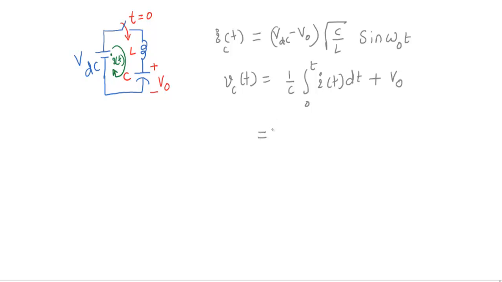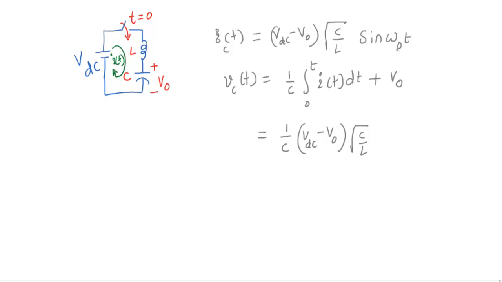So 1 by C is constant, leave it. We need to integrate this with respect to t. So (VDC minus V naught) into root of C by L is also constant, so leave that one and take it out of the integration.